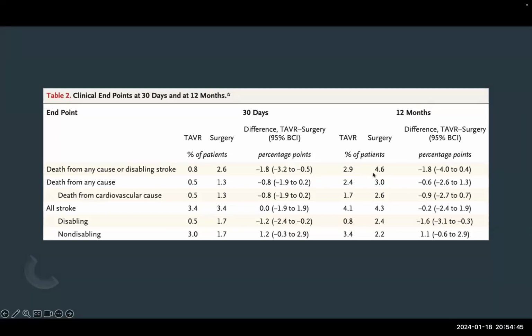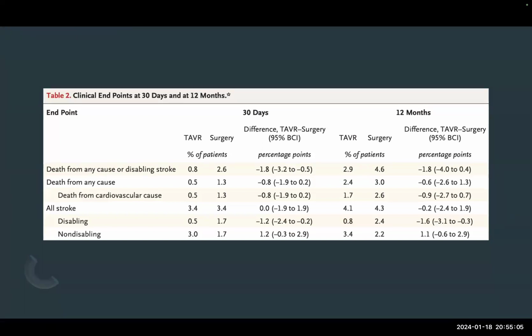They have the same patient population, less than 63. This gives you, as a reader, that the surgeons in this clinical trial are different from the surgeons in the PARTNER 3 trial.